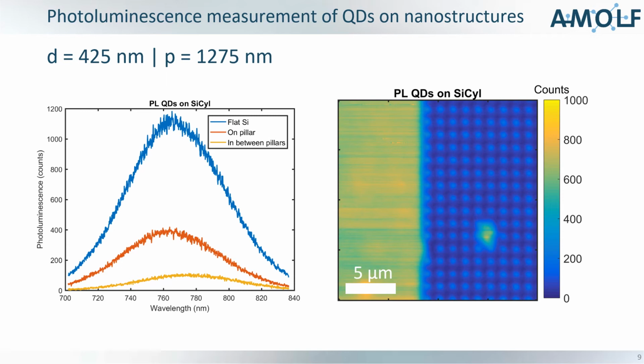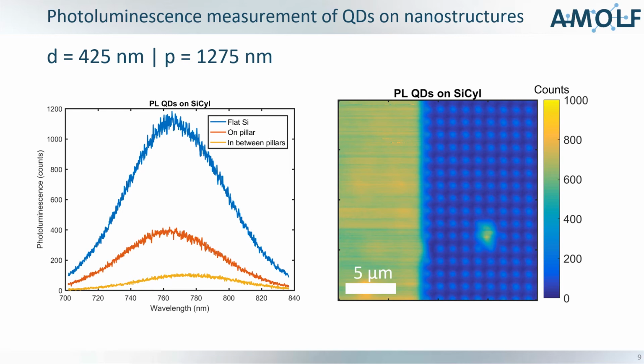And then we can also look at the spectrum that we find in between four pillars, like here, and we see that it is not completely zero, and this is because our laser spot is a little bit bigger than this area in between four pillars, so it will still excite the four pillars a bit, and therefore we have a little bit of signal, but of course it's smaller as we would expect.